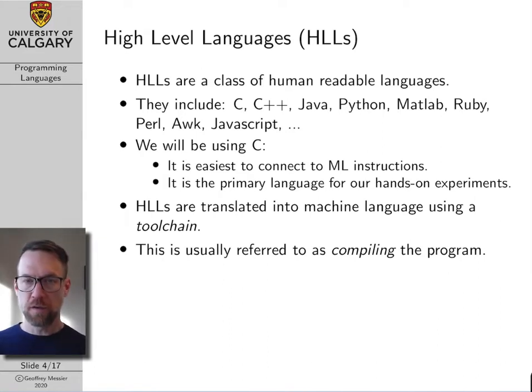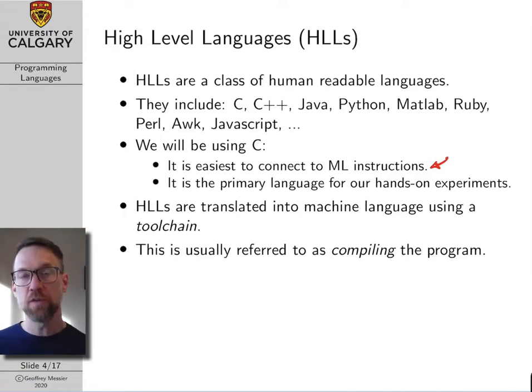In this class, we are going to be using primarily C, and there are two reasons for that. The first reason is that, of all the high-level programming languages, C is probably the easiest to map to assembly language and machine language. And so I'll be using that in a lot of my examples.